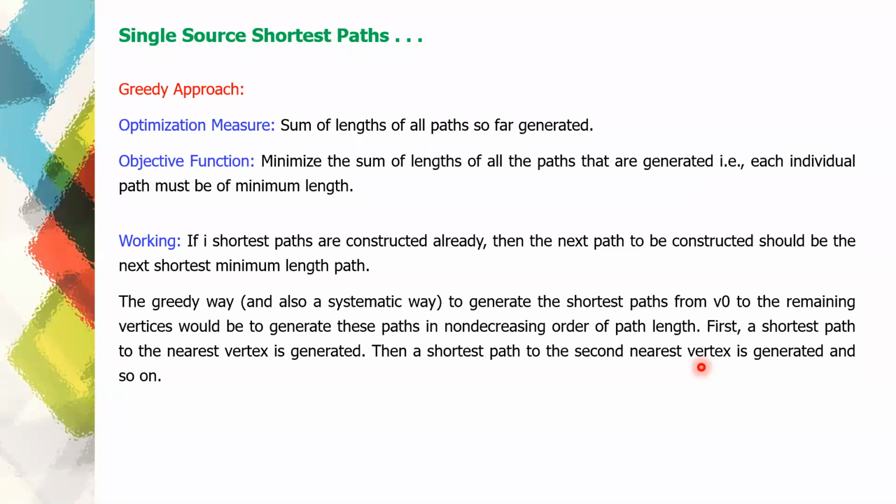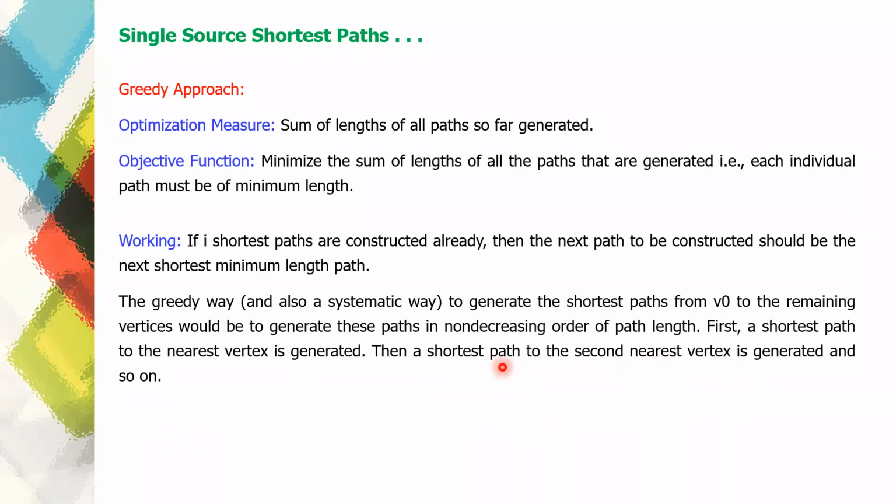Now, how can I call this a greedy approach? In this process, every time I'm going to select a vertex that is nearest and generate a shortest path.